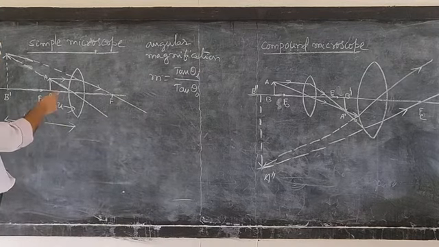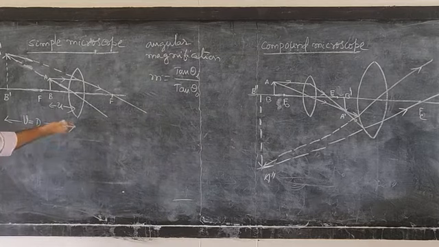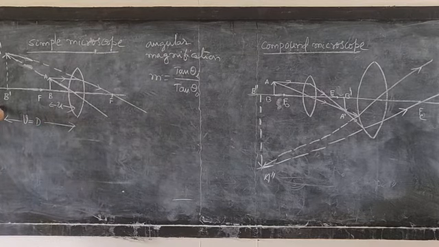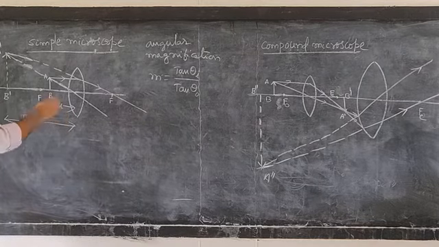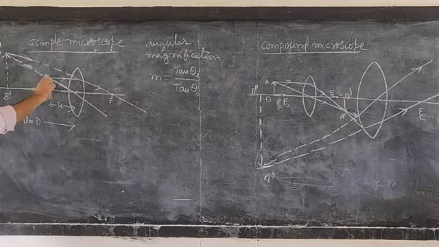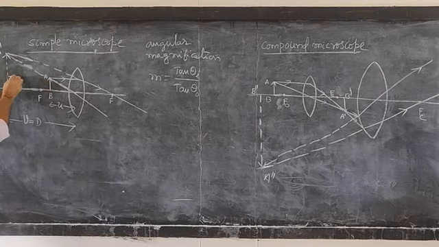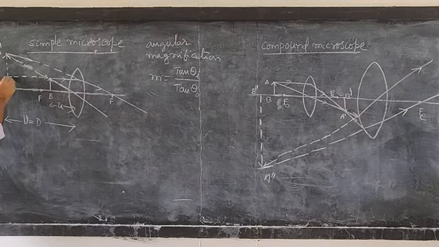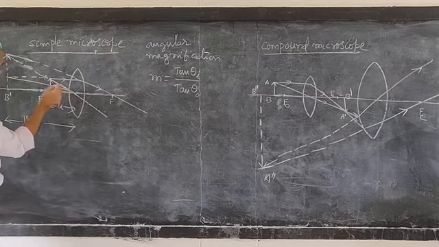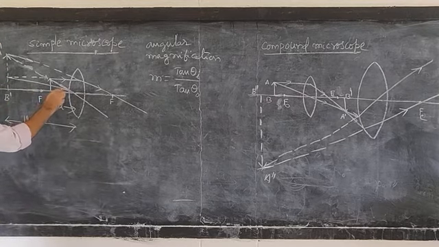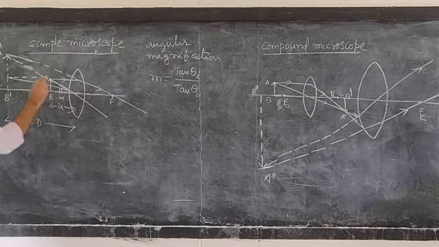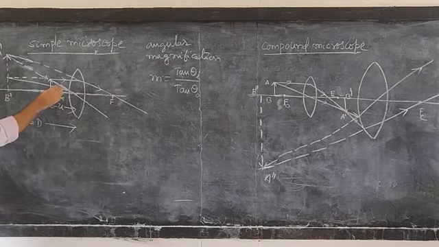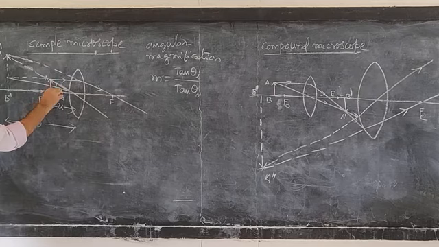Now for one position, let us say the image is formed somewhere here. Now let us take this AB. Suppose it is here at the distance of the image. The angle made by the object when it is at the image distance, let this be alpha, and the actual image is making an angle beta.